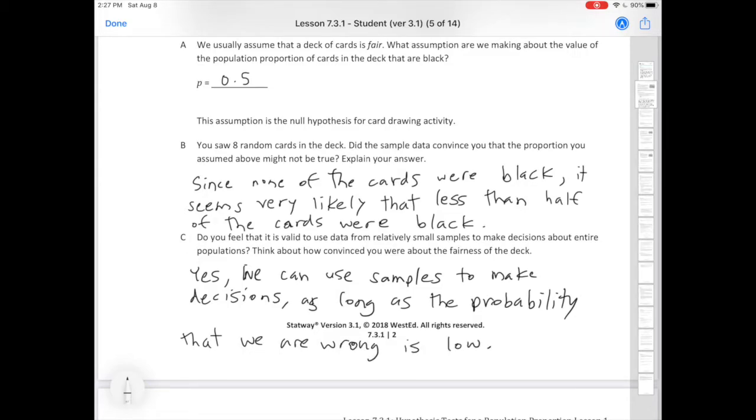All right, we don't want to be wrong when we make a claim or when we say something. So what we do is we make sure that there's a very high chance that we're right. Or another way to say that is that there's a very low chance that we're wrong. Okay?